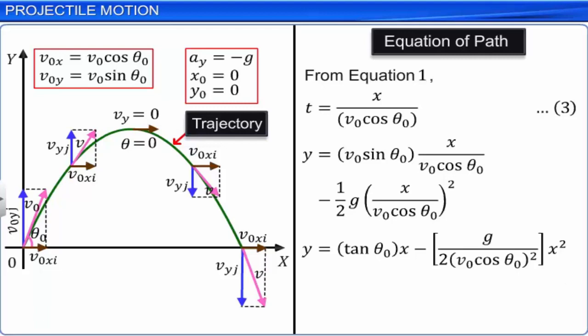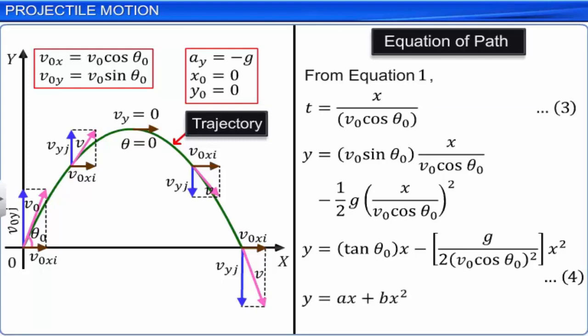In this equation, tan theta 0 and g divided by 2 into v0 cos theta 0 square are constants, as g, theta 0 and v0 are constants. As you know, the equation of a parabola can be written as y is equal to ax plus bx square.